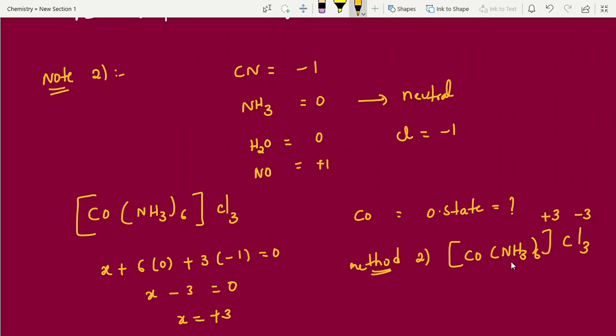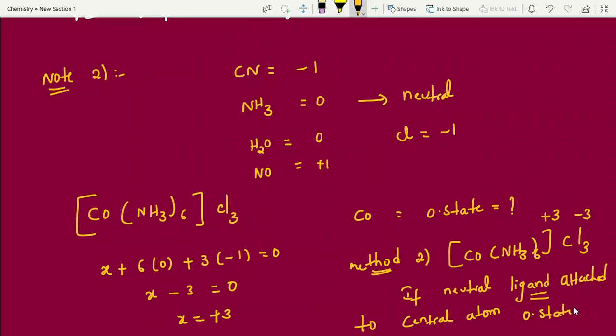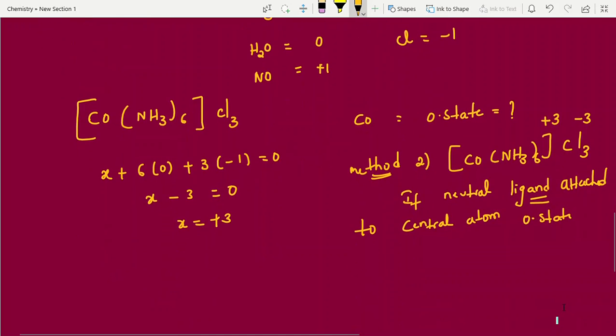That's it. Whenever a neutral ligand is there, a ligand is nothing but a donor. A neutral ligand attached to the central atom, the oxidation state remains the same.